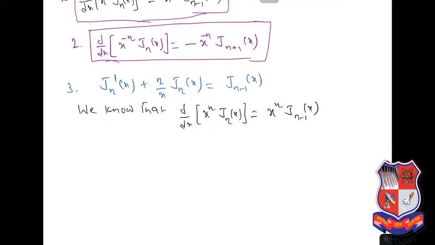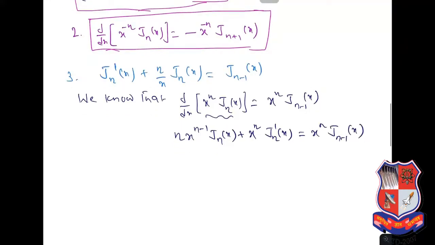Now here the derivative, this is nothing but the product rule we need to apply. So n x power n minus 1 Jn x plus x power n Jn dash x equal to x power n Jn minus 1 x. Differentiation only on this part. This is not having anything. Now we divide by x power n.